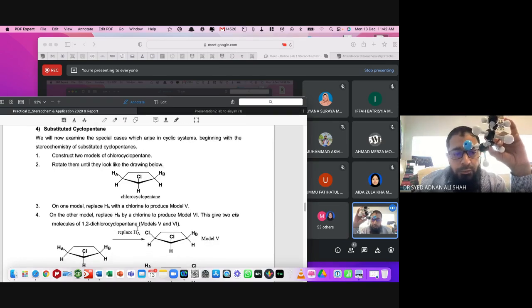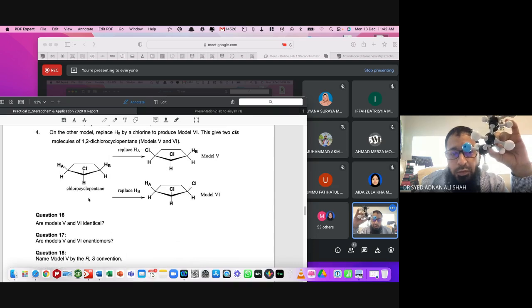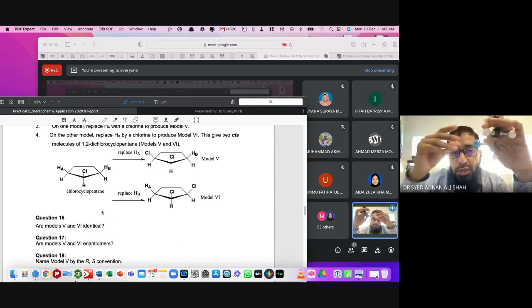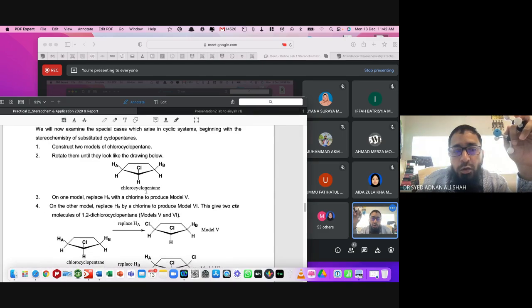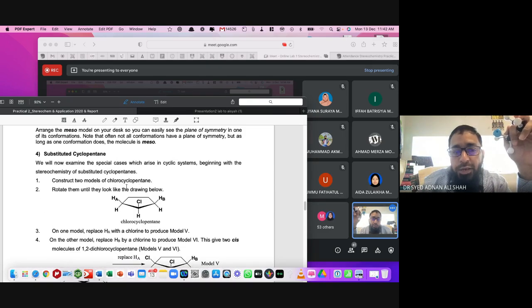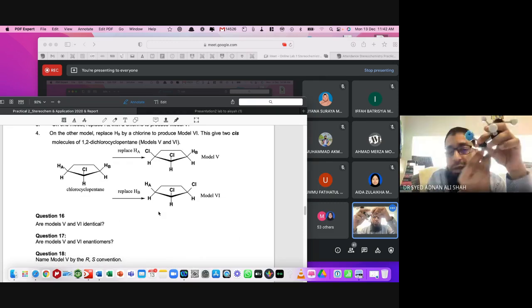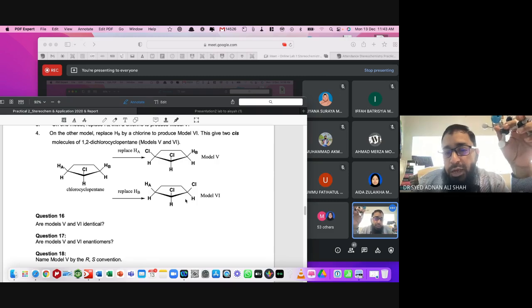So one more. Here also you have to do the same thing. You have two models of this chlorocyclopentane. In one model, you have to replace this one. You can see the one hydrogen Ha replaced by the chloride, and the second one Hb replaced by the chloride, right?